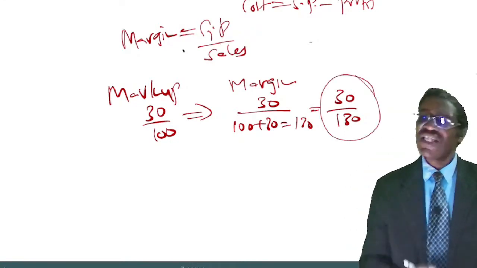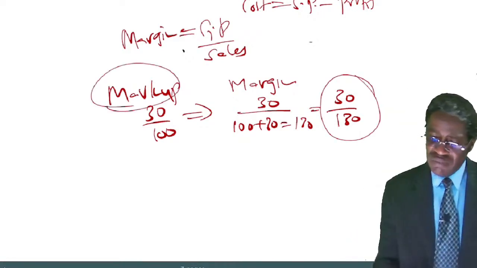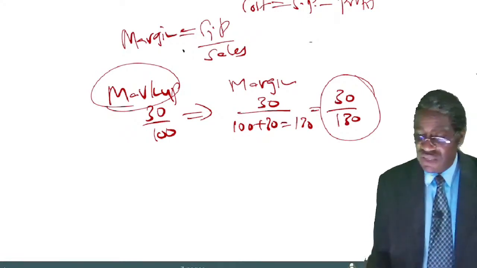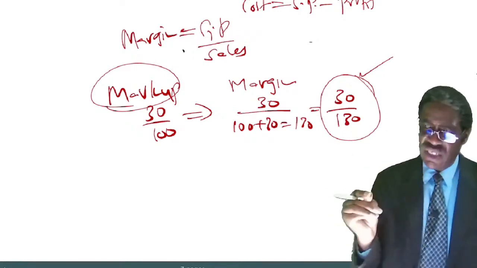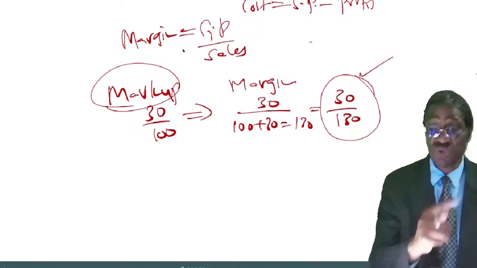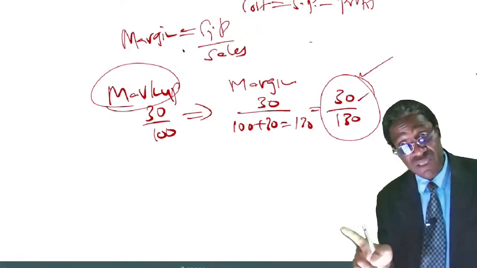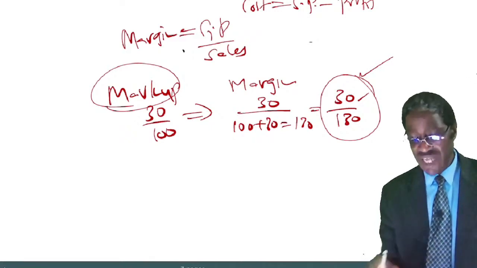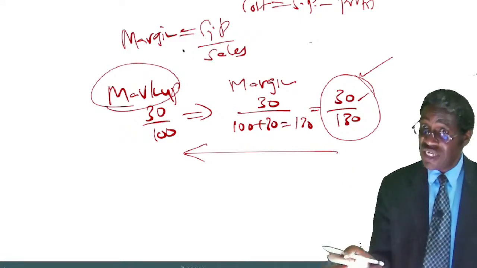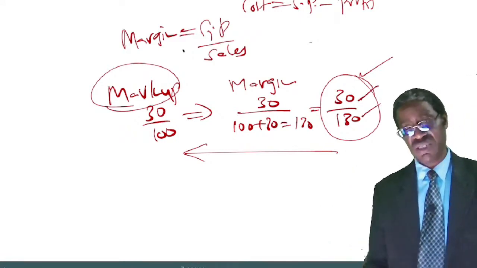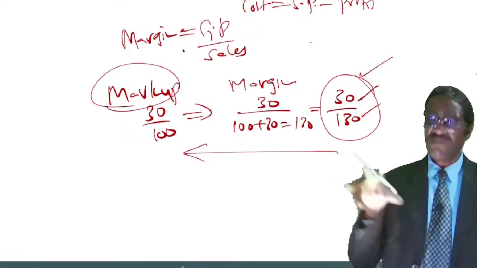There are other questions where you need markup, but the examiner has not given you the markup, he has given you the margin. So if he gives you margin and you need markup, what do you do? You take the numerator and subtract it from the denominator. That will take you back to your markup. So if you're given the margin, like in this case 30 divided by 130, maybe you need the markup.